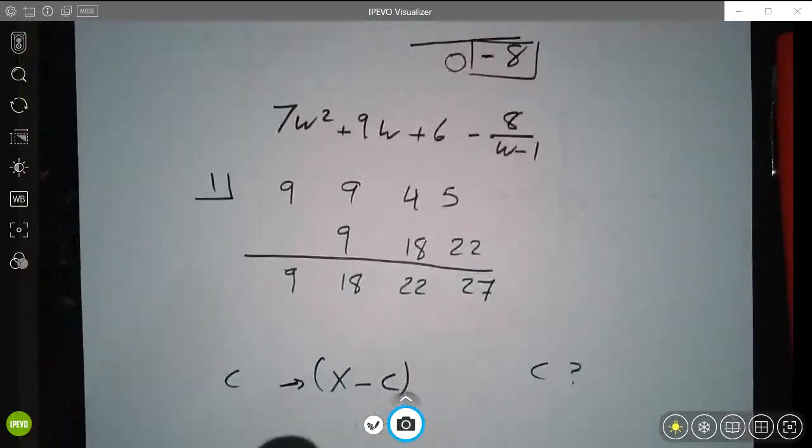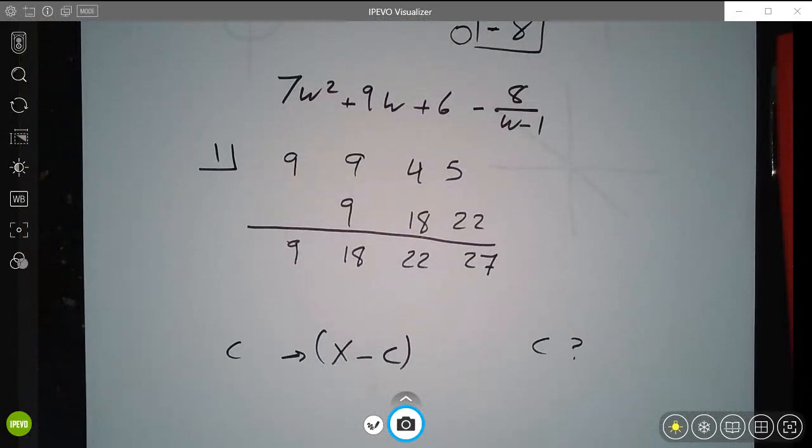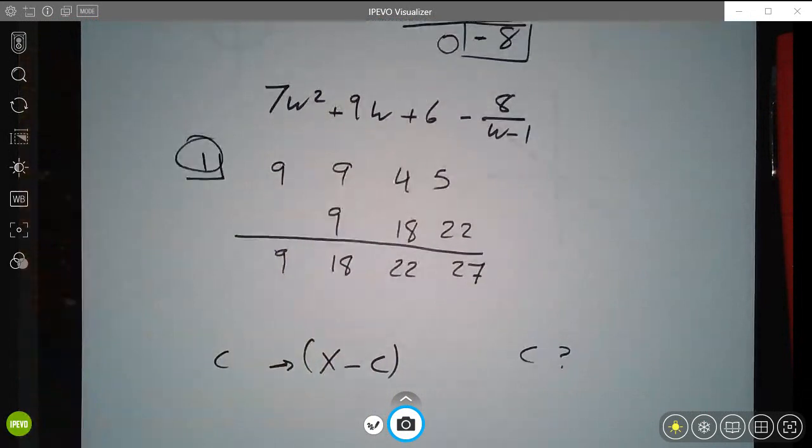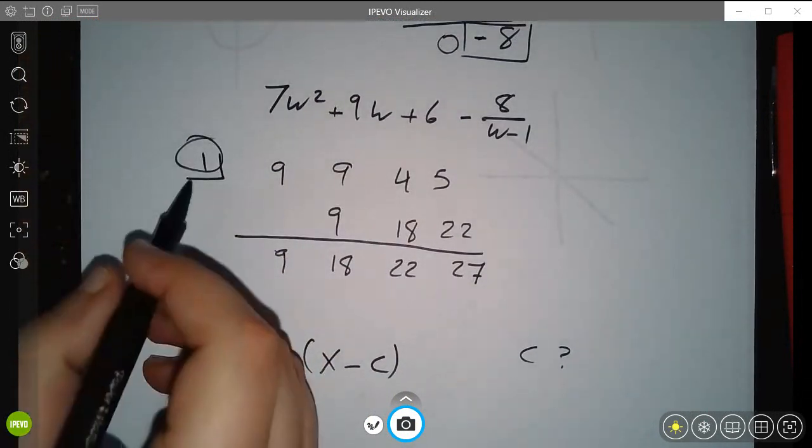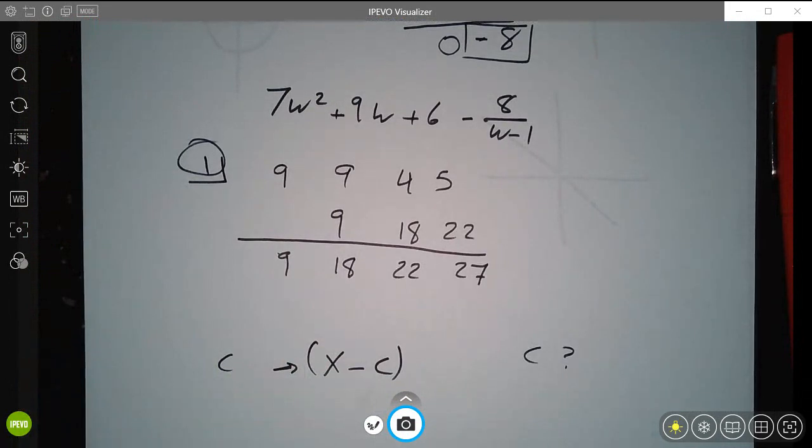And we only write down the numbers when you're using synthetic division. So what is c? Negative 1. Close, but no. We talked about flipping the sign, if you remember. So c is 1, the number right here. Yes, the number you have in that little box right here.